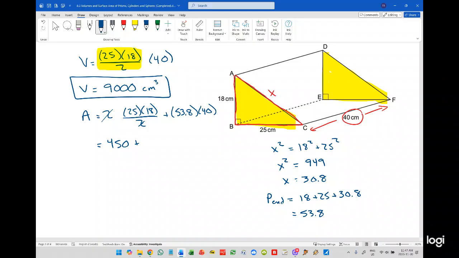And then the three lateral sides together are going to have an area of 2152 for a grand total of 2,602 centimeters squared.